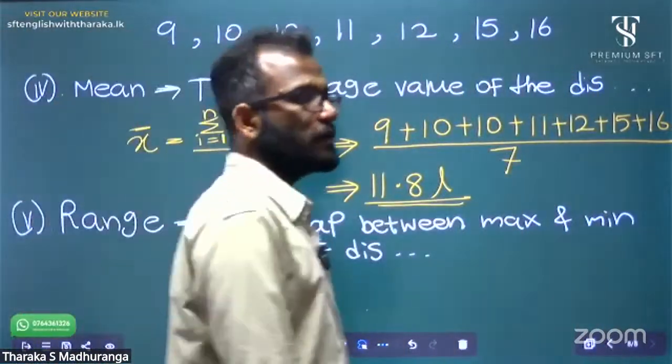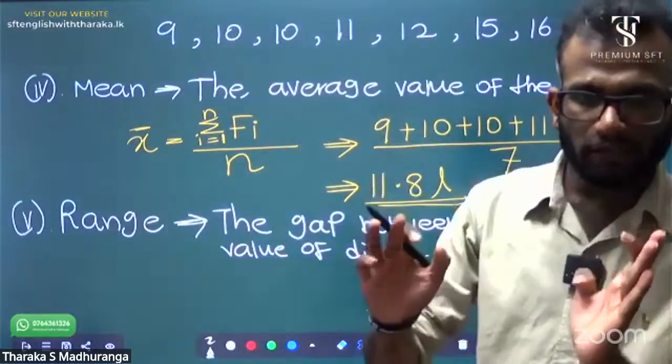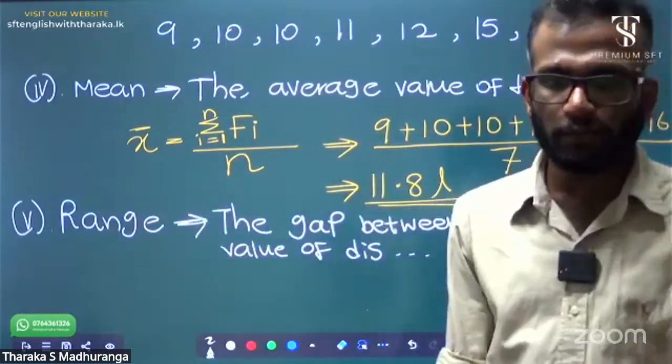That's the meaning of range. The gap between maximum and minimum value of the distribution.